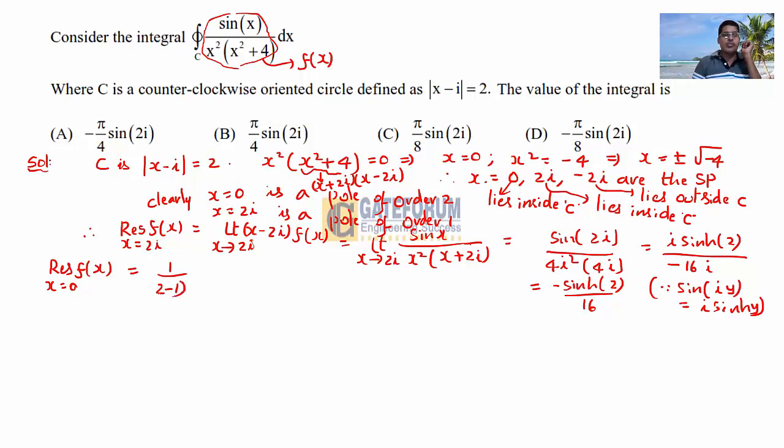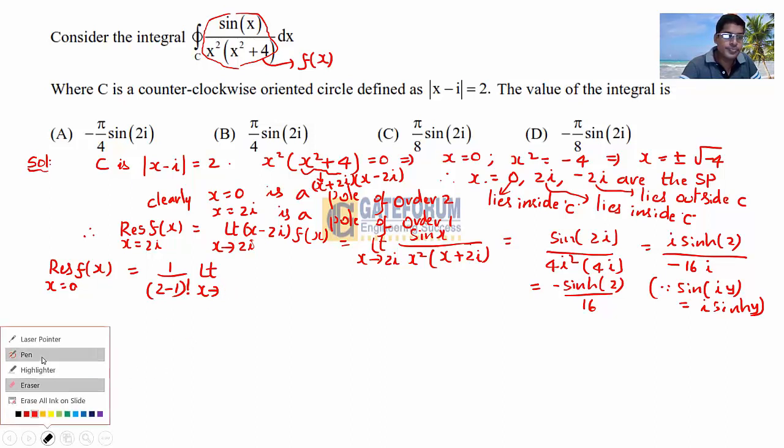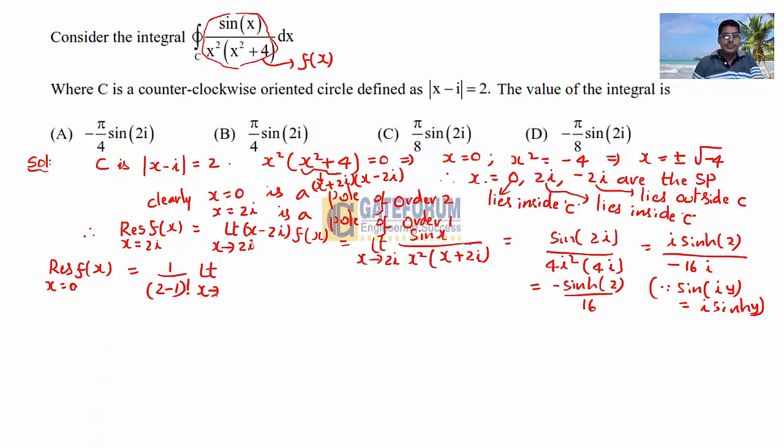You will be getting 1 by (2 minus 1) factorial, limit x tends to a, where a is the corresponding pole, here 0, d^(2 minus 1) by dx^(2 minus 1) of (x minus a), that is (x minus 0), whole to the power m, that is whole square, into f of x. This is the procedure of the residue at the pole of order 2.